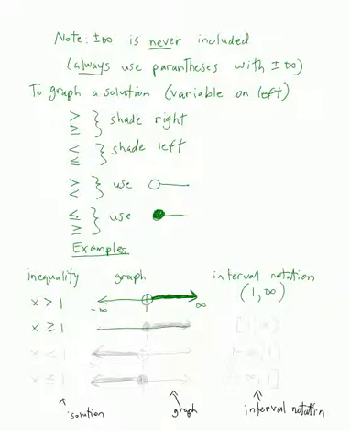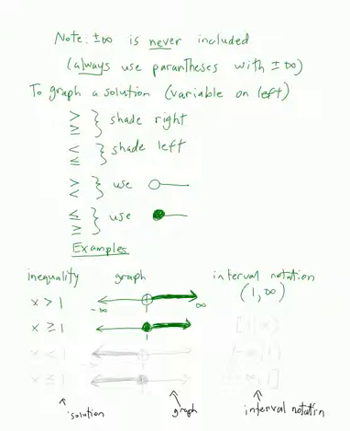Let's try another example. x is greater than or equal to 1. So let's draw our number line. There's 1. Now, it's greater than, so we still shade to the right. However, we do include 1 this time because it's greater than or equal to.